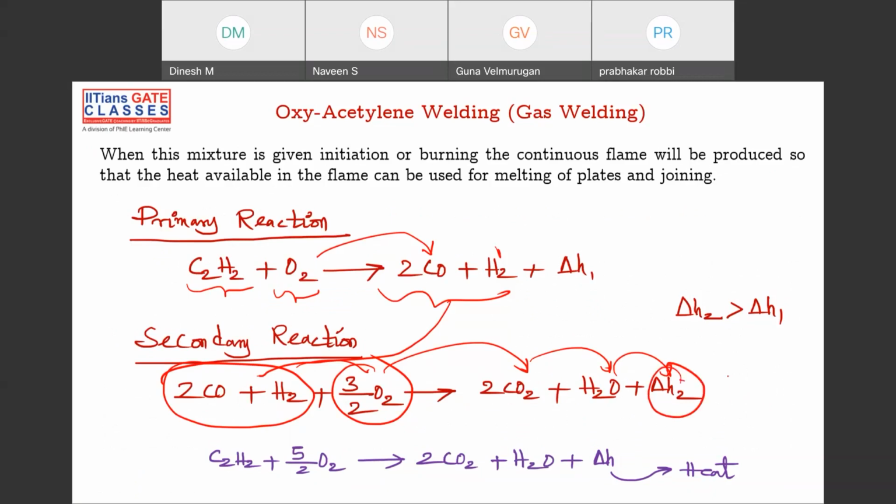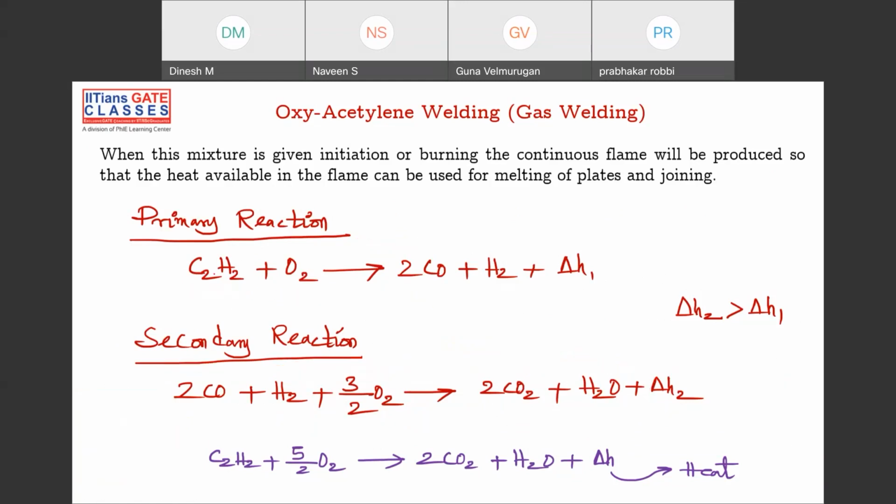This delta H is the heat that is used for heating the workpiece or welded material. So finally, if you combine these two reactions, primary and secondary, the final reaction comes out like this. And this is what is important, that is the heat. Very important. Okay, fine.